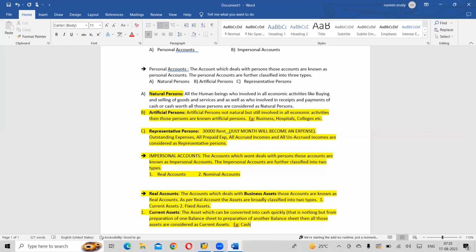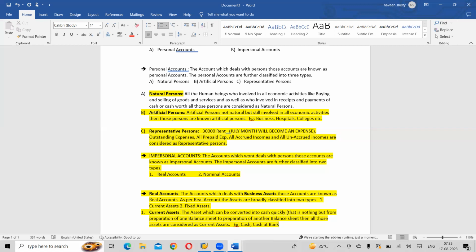Okay, cash in hand, or cash, you can take cash. Already it is liquid, correct? So it is the first current asset. Okay, next one, cash at bank. Whenever you want, you can go and withdraw from your ATM or your bank.